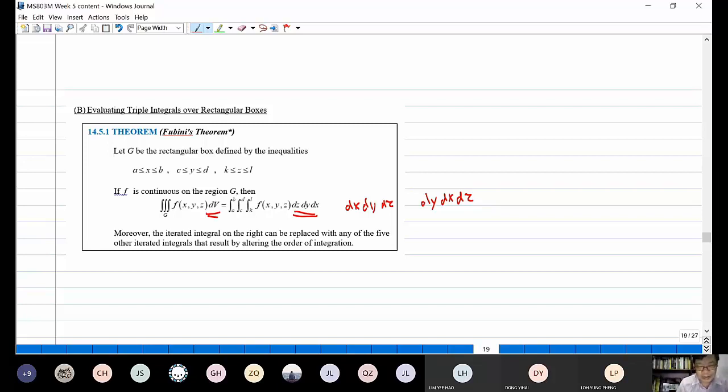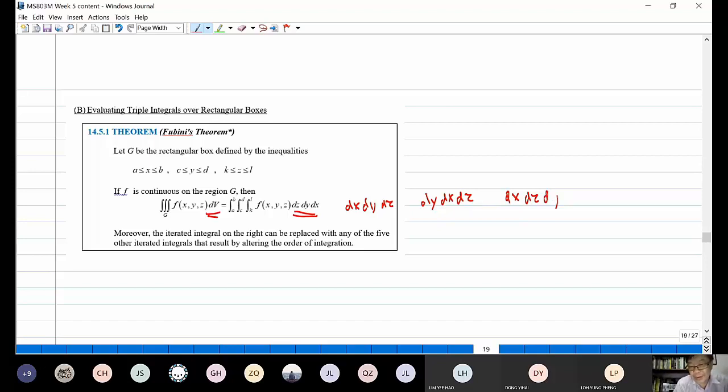All of them have the same answer. It's just that sometimes you switch them and get an easier integration. Let me write a few for you to see, because altogether there are 6 possibilities. For example, you can have dx, dz, dy.